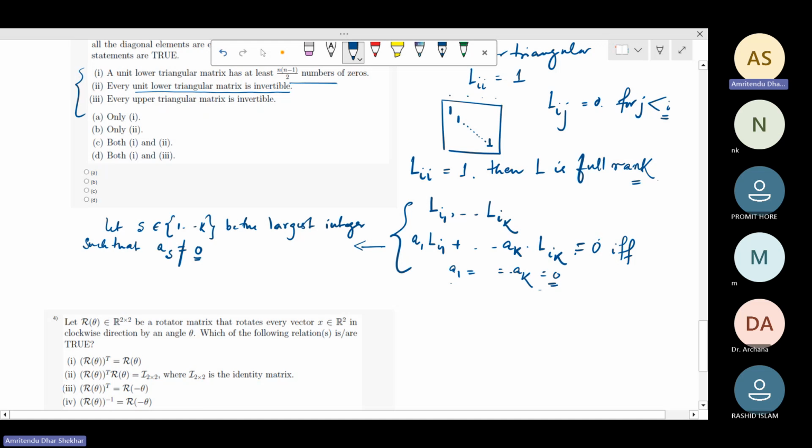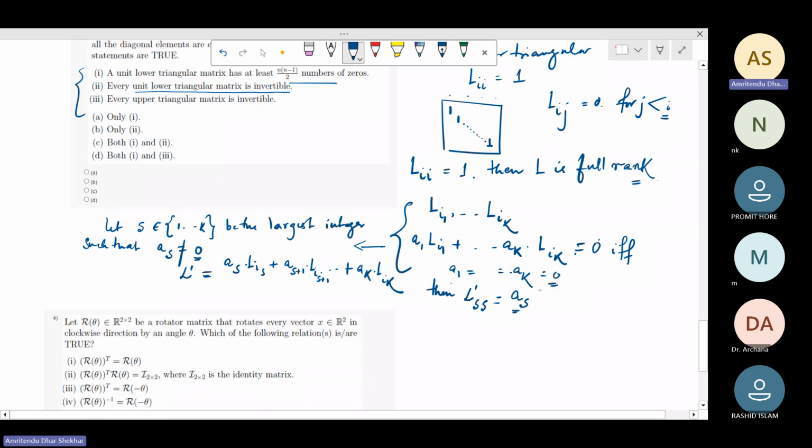If you add a_s L_is plus a_(s+1) L_i(s+1) up to a_k L_ik, and call this column some L prime, then L prime of (s, s) will be equal to a_s.